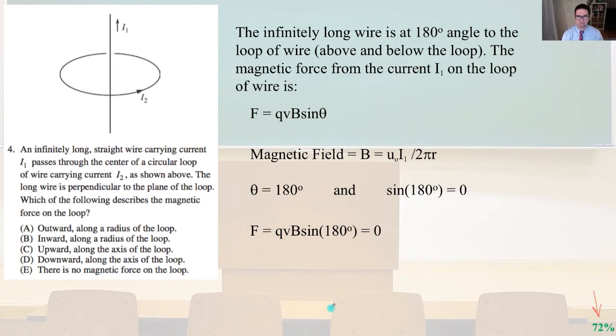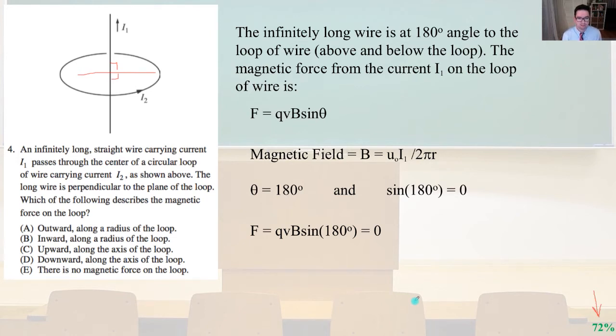So the magnetic force from the current I1 on the loop of the wire is going to be QVB, where B is the magnetic field, times sine theta, where theta is the angle, and the angle is going to be these two angles here because we have above and below the loop. So the magnetic field is going to equal B equals the magnetic constant times the current I1, the current in the first length of wire, divided by 2 pi r.